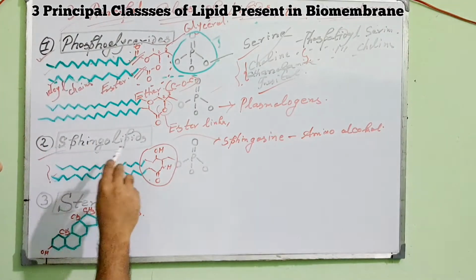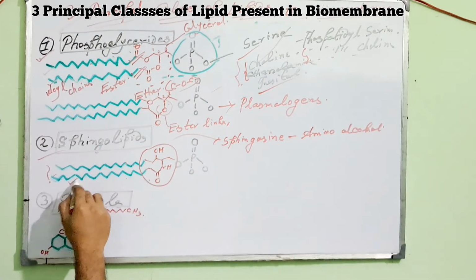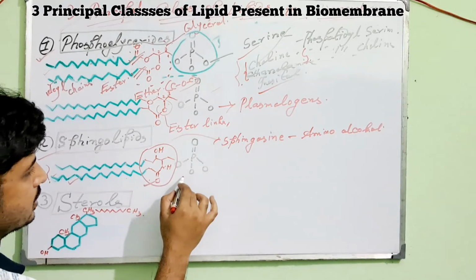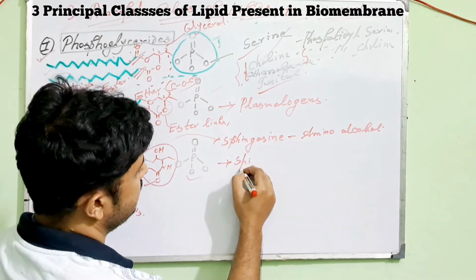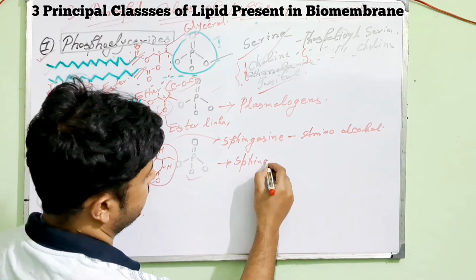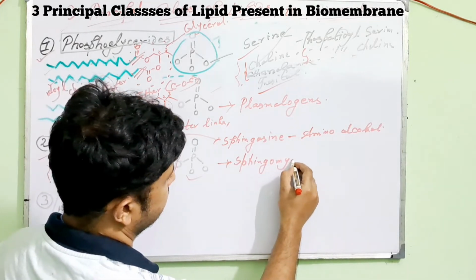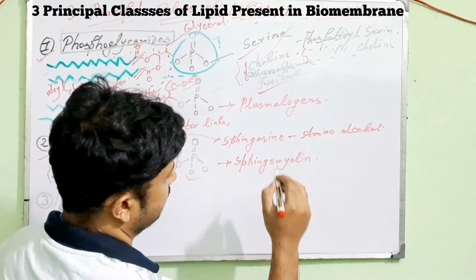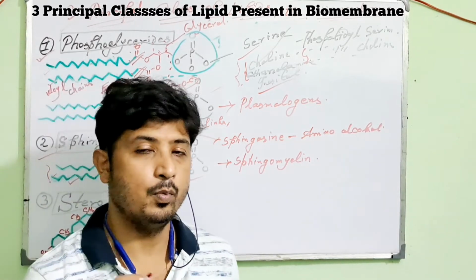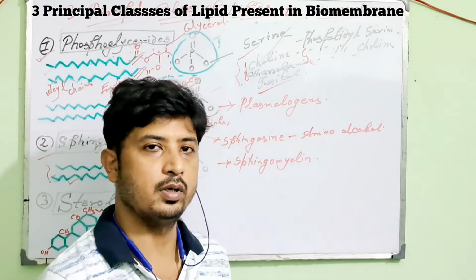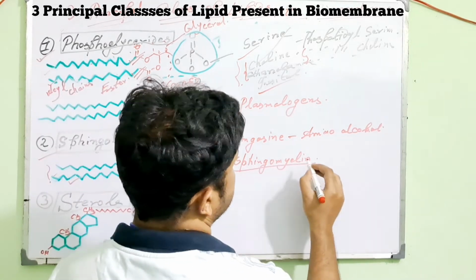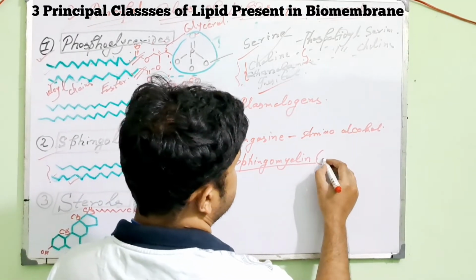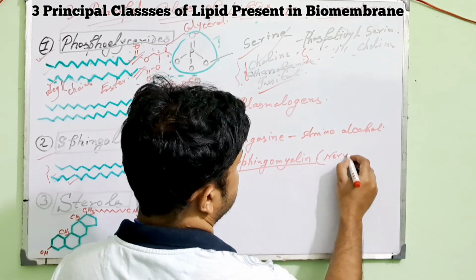Now, this structure, two acyl chains, one sphingosine, one phosphate, is called sphingomyelin. Very important name, most abundant sphingolipid. Remember that. Sphingomyelin is the most abundant sphingolipid and present in nerve tissues.